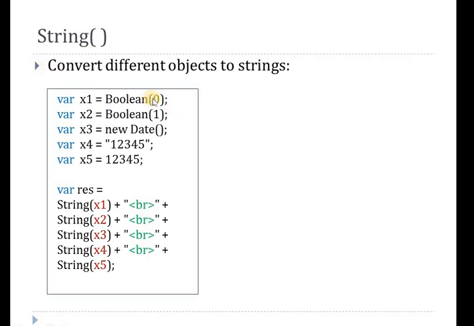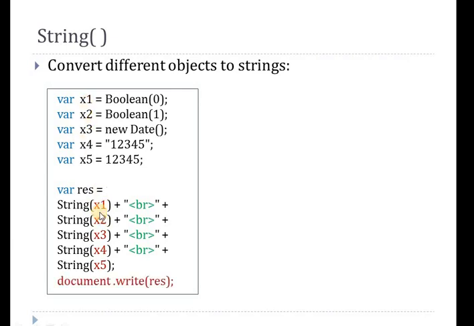You can see that this is boolean 0, boolean 1, new Date, this is a string, and this is a number. Now variable res is a concatenation of these variables, but now converted to a string using the String function, and these variables I have passed as arguments.